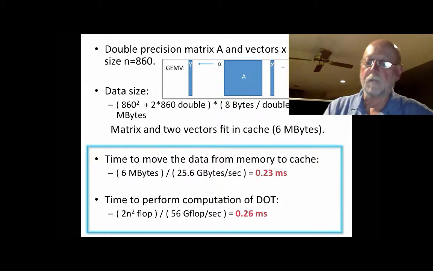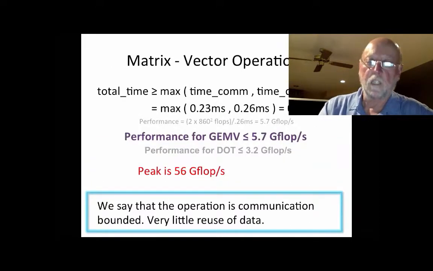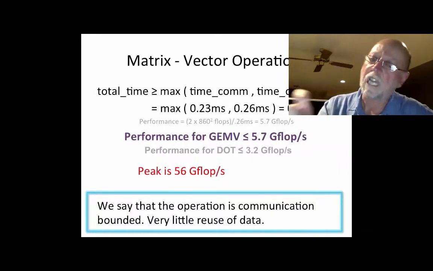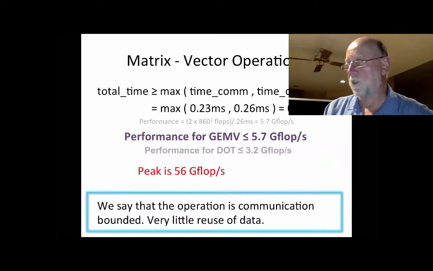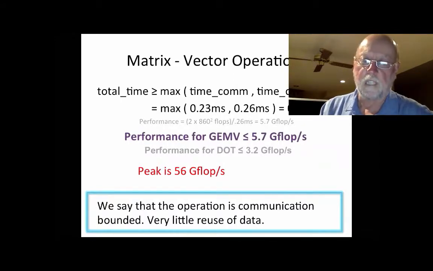They're roughly the same as the data movement. So again, if we try to look at what we're going to get in terms of the performance, it says for this particular operation at 0.26 milliseconds, we can achieve about 5.6 gigaflops. So just slightly faster than our dot product, much less than the theoretical peak performance. So even this operation, doing a matrix vector operation, there's very little reuse of data. The reuse comes about just because of those vectors. So again, very little reuse.